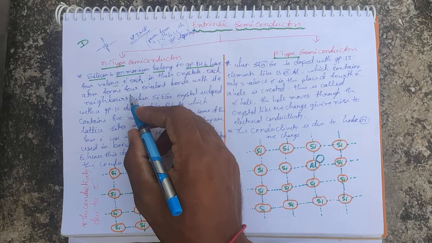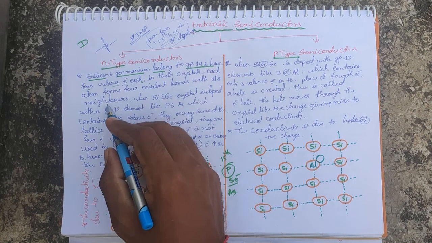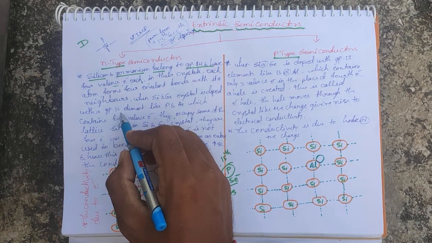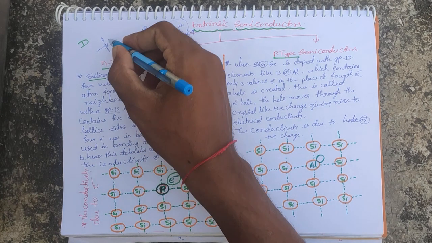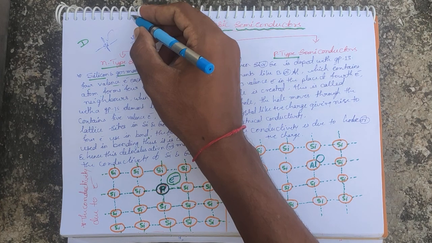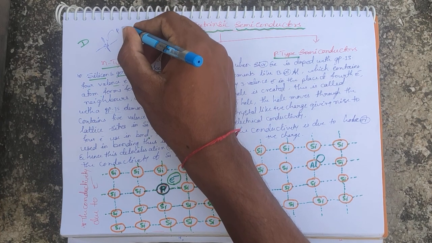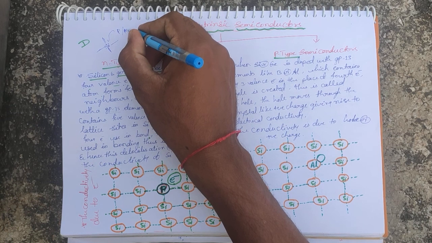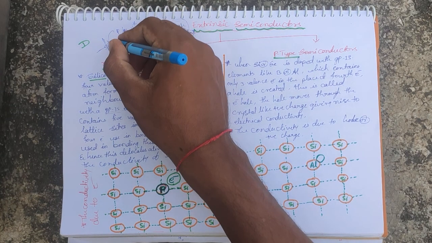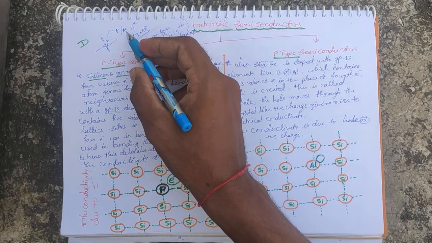Next, a silicon and germanium crystal is doped with a 15th group element.